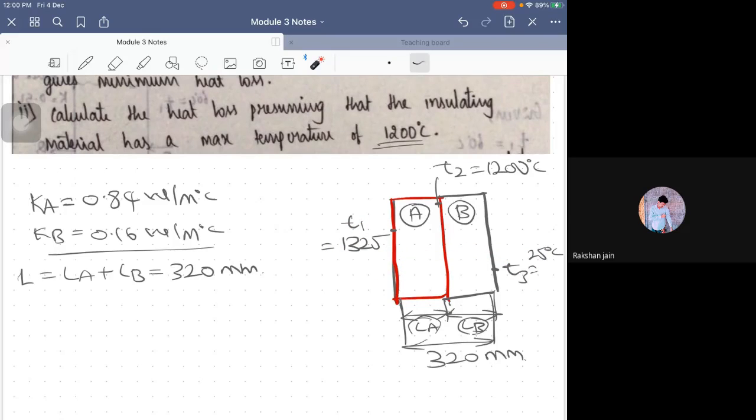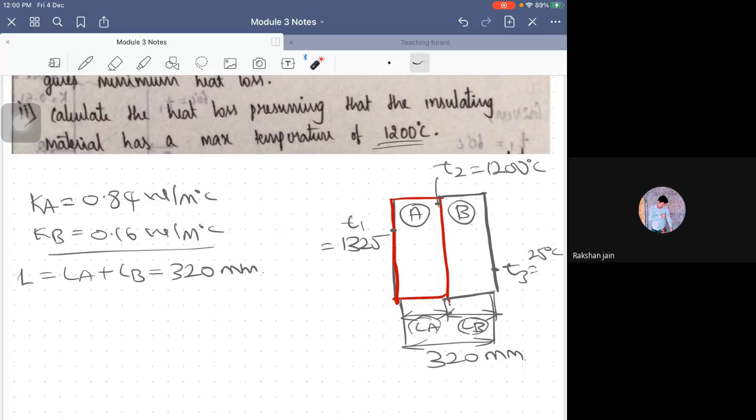So I will be calculating the heat flux in this particular block. Next, I will be calculating the heat flux in this particular block, and even the heat flux in the total combined block, and try to form an equation with that.